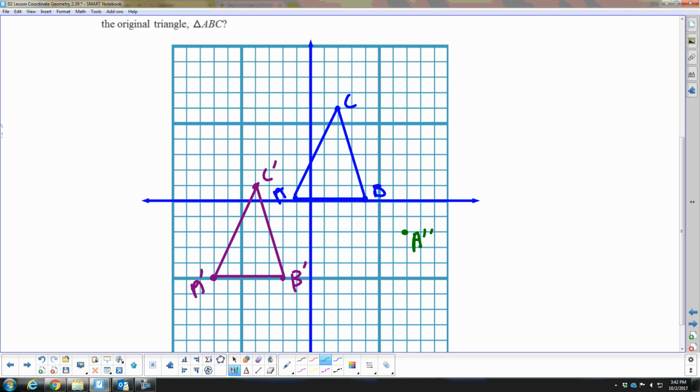And that becomes A double prime. Same with B. I'm going to go 14 units to the right, and then up 3 units. And C, I'm going to go 14 units to the right, and up 3 units.